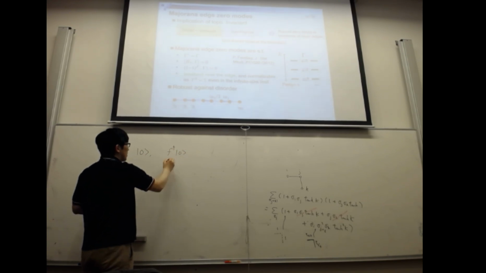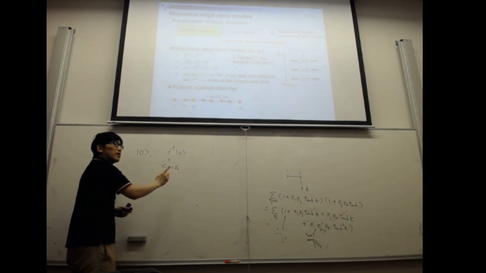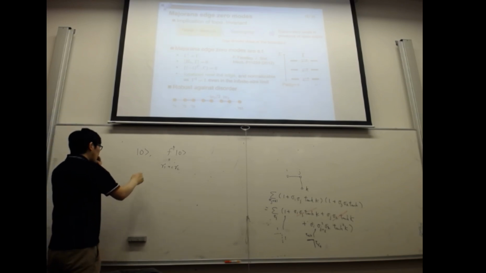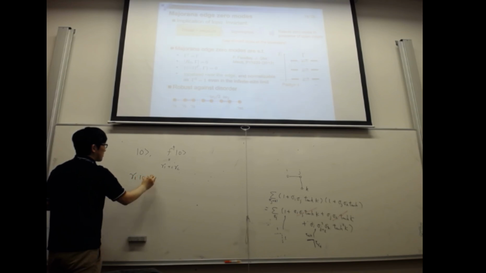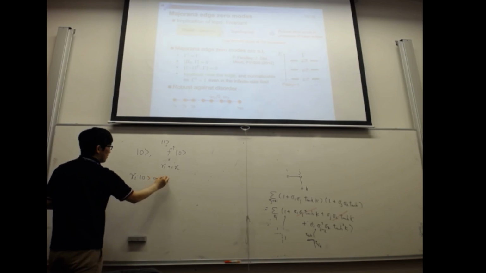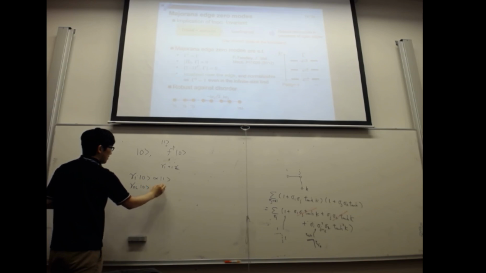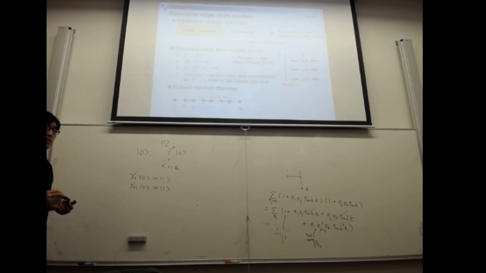But this F dagger is a sum of gamma 1 and something like that. Right? Actually, I don't think I have time to work it out now, but you can also show this kind of relation. This is proportional to 1.